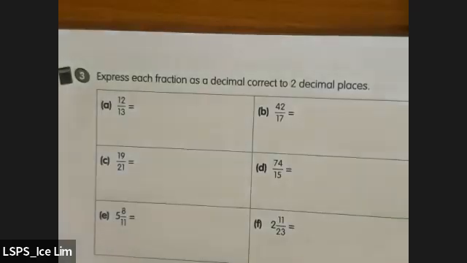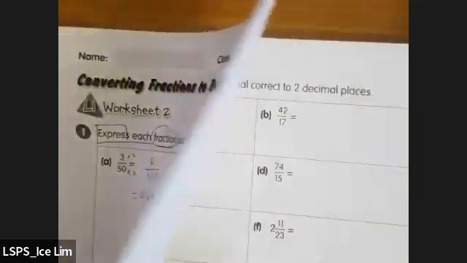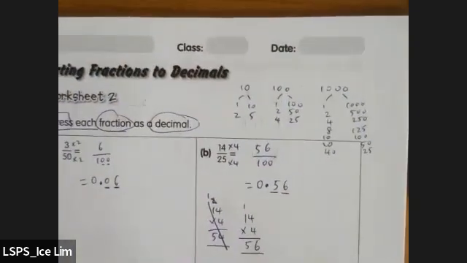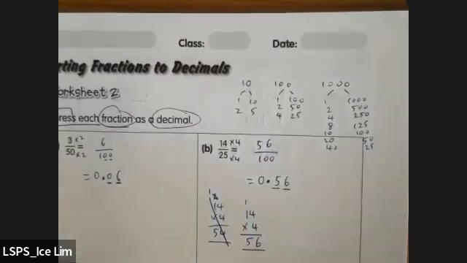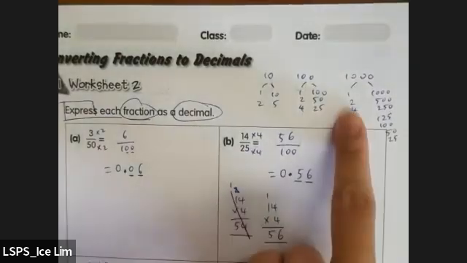The different ways we do fraction to decimal conversions. One of them is finding the factors of the powers of 10: 10, 100, and 1000.